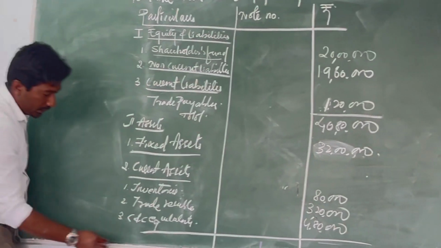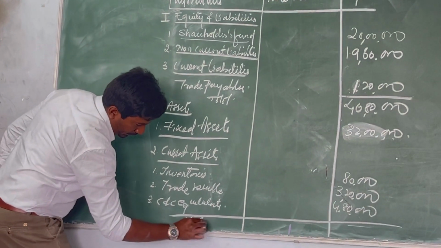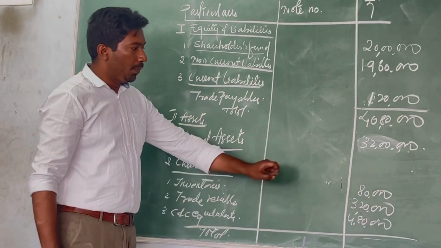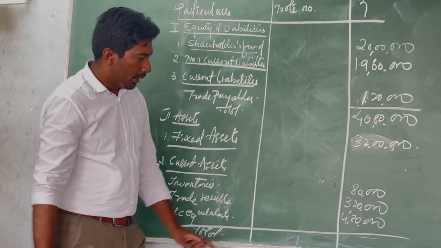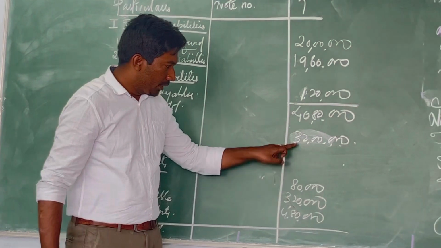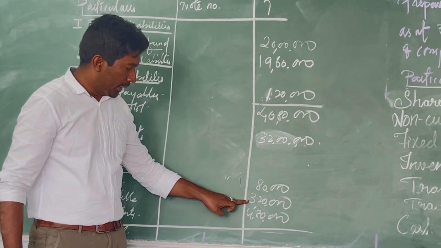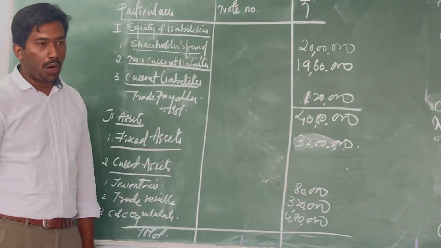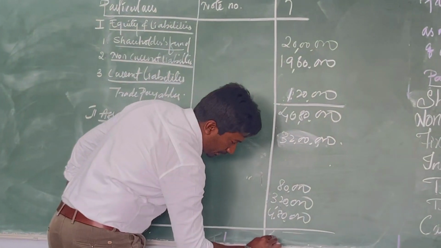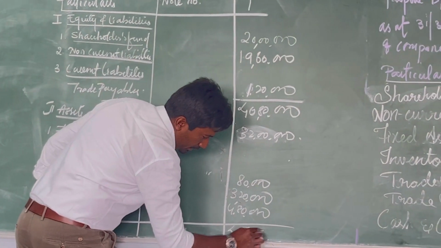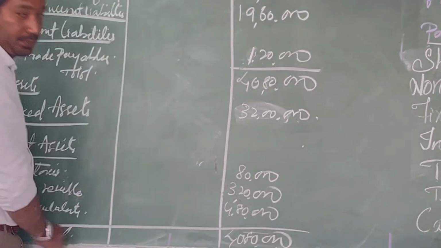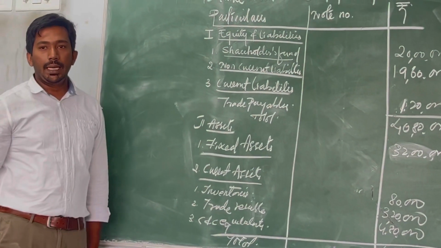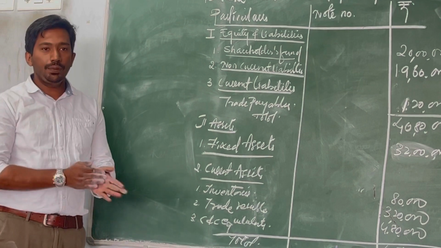If you total this, how much are you getting? 32 lakh plus 4 lakh 80,000, 36 lakh 80,000 plus 4 lakh, 40 lakh 80,000. Done, guys? Over. That's it. Clear? Any doubt?